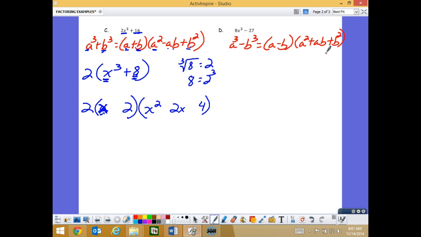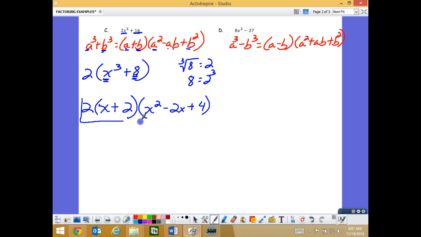So in this case, since we have plus here, it's going to go same, opposite, plus. And I will clean this up just a little bit and put that x there.